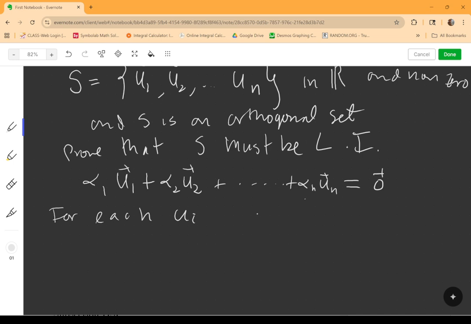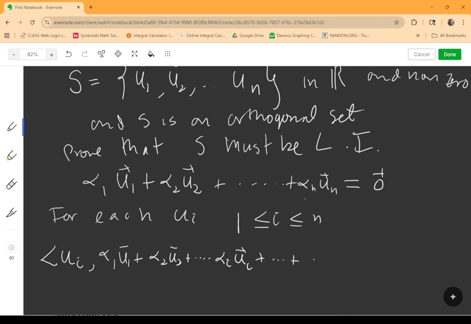So for each u sub i, for i ranging from 1 to n, I'm going to take the inner product of u sub i with that whole vector, alpha 1 u1, alpha 2 u2, alpha sub i u sub i, just a general one, u1 through un. We're doing them all at once here, but think of doing this n times, once for each vector, and you'll see the result that we're going to get.